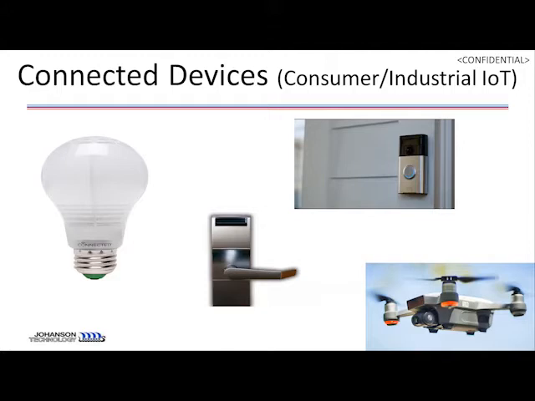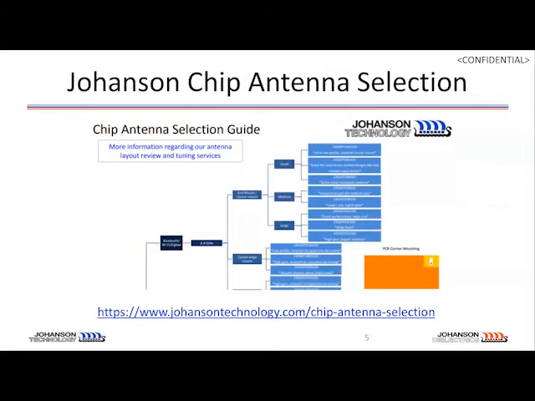So you'll be thinking, okay, what antenna do I have to choose? I have specific range requirements. Maybe you have ideas of gain or directivity, how it should perform ultimately, installed in the application. So we have a chip antenna selection guide.